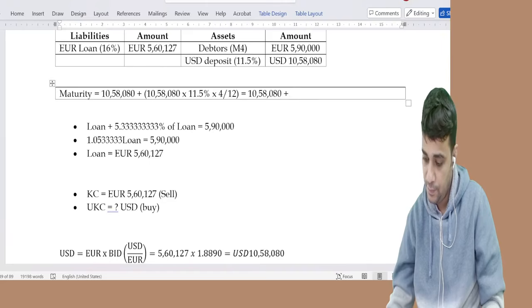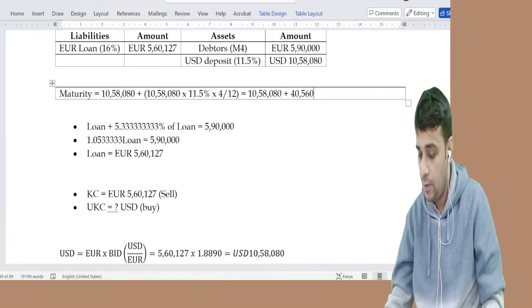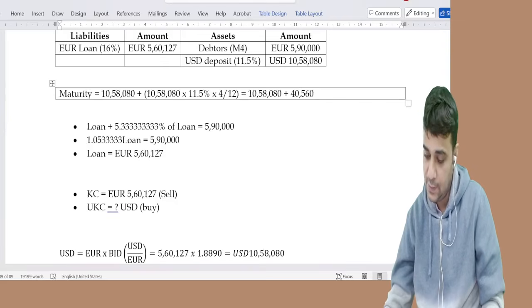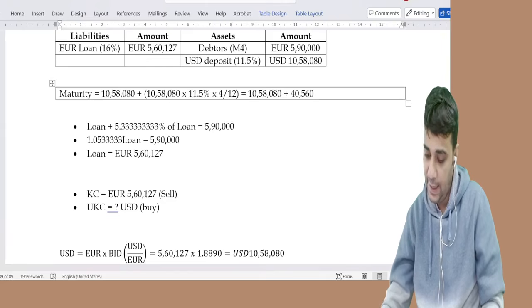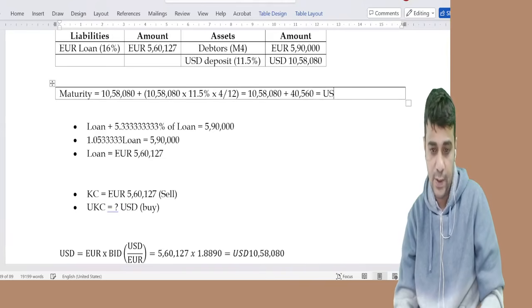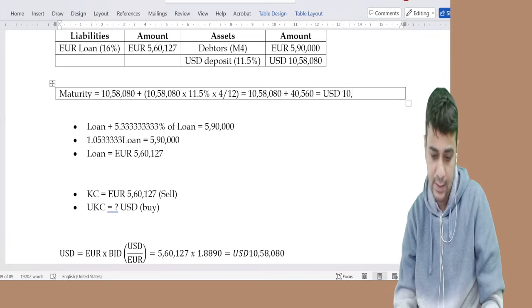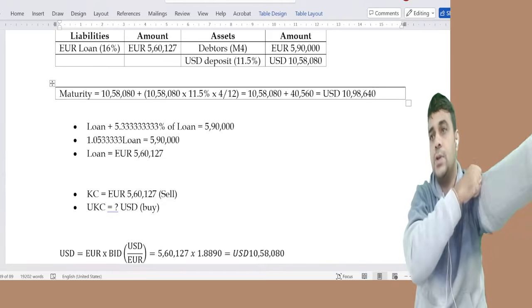How much? 40,560. 40,560 plus 1,058,080. Our maturity amount is US dollar 10 lakh 98,640. Any doubts on this?